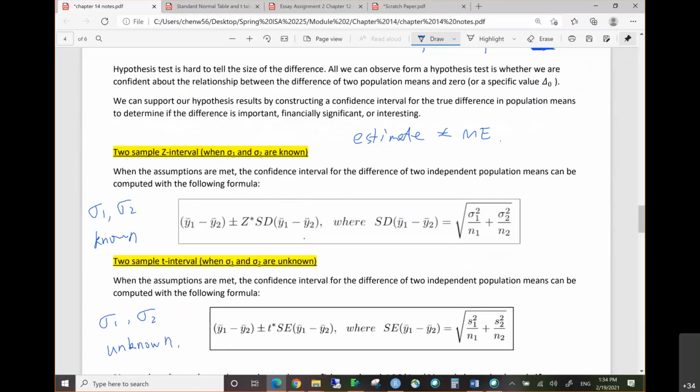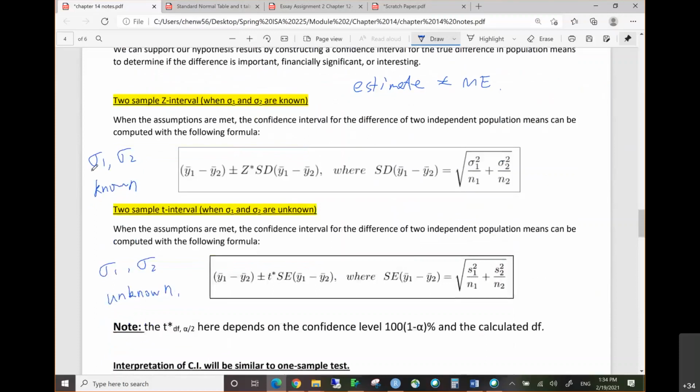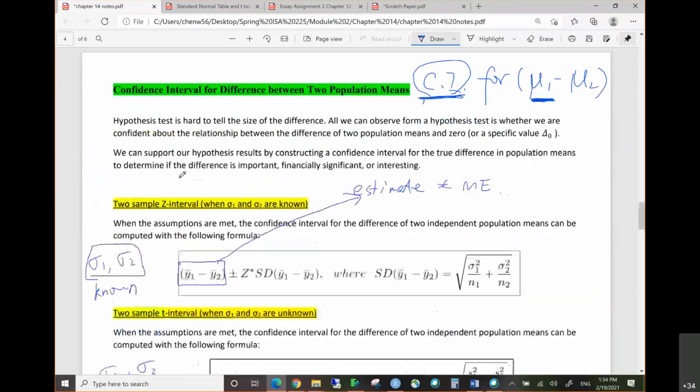All right, so when both population standard deviations are given, then we have y1 bar minus y2 bar, the difference between the sample means, to estimate the difference between the two population means, plus minus the margin of error.